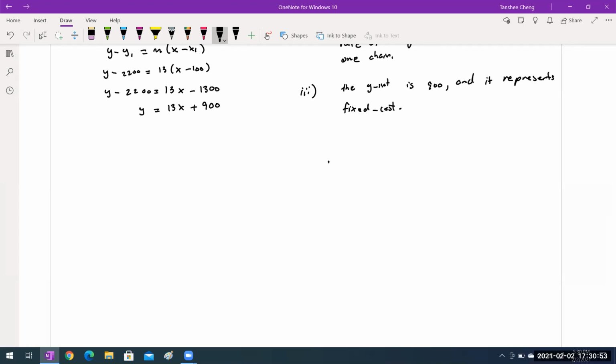As you can see, when we talk about the linear model, we only need 2 points to write the equation of the line. Any 2 points on the line will help us write the equation of that line.